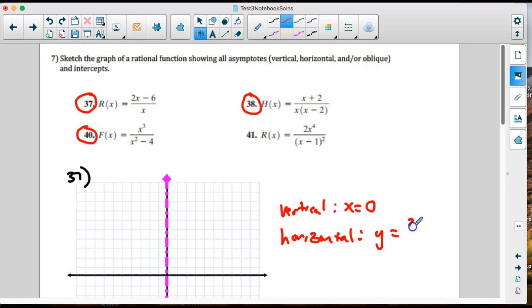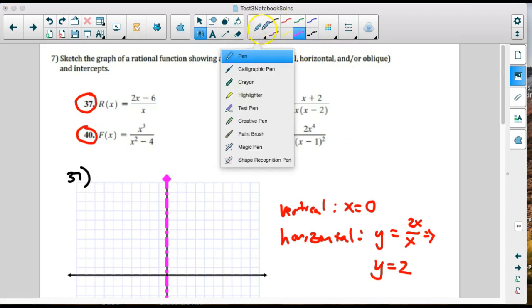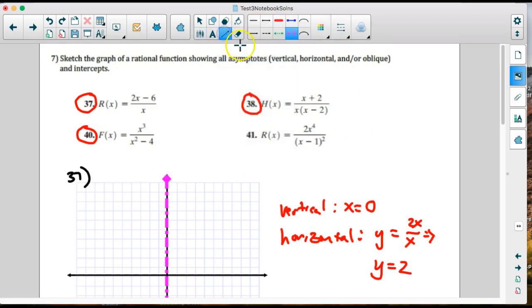The numerator's lead term is 2x and the denominator is x, so that gives us y equals 2 as our horizontal asymptote. That's right here at 2 units on the y.